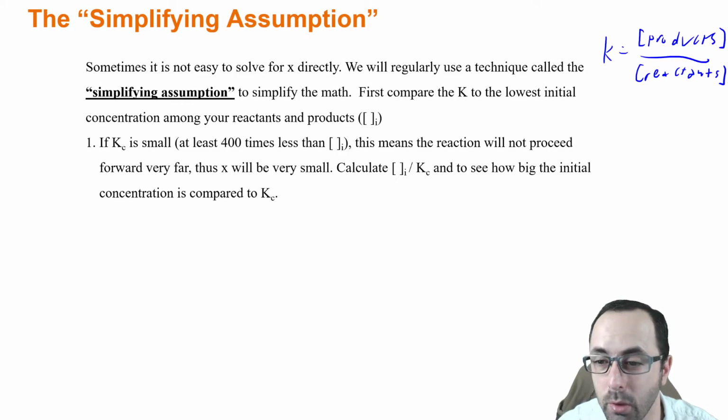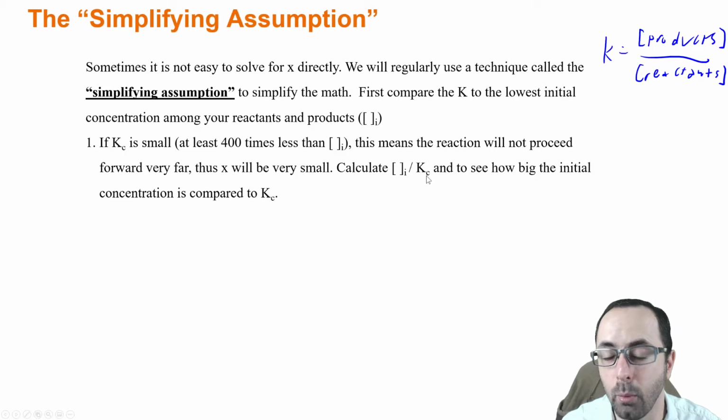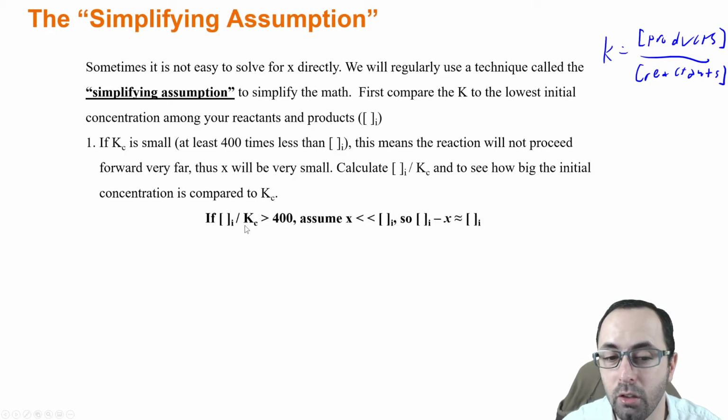This means the reaction will not proceed forward very far and X will be small. So we calculate our initial concentration divided by the K, and we'd like it to be at least 400 times greater. So if the initial concentration divided by K is greater than 400, we're going to assume that X is much, much smaller than our initial concentration.